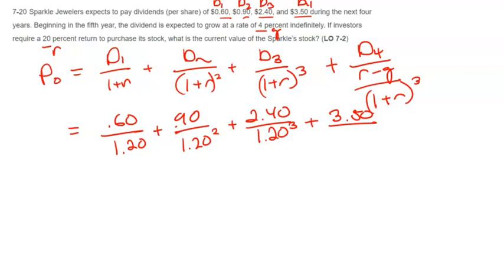In this case, you would do all these individually, and you would have to do the exponents before you do the division. So R minus G, 0.20 minus 0.04, and then 1 plus R cubed, so 1.20 cubed.